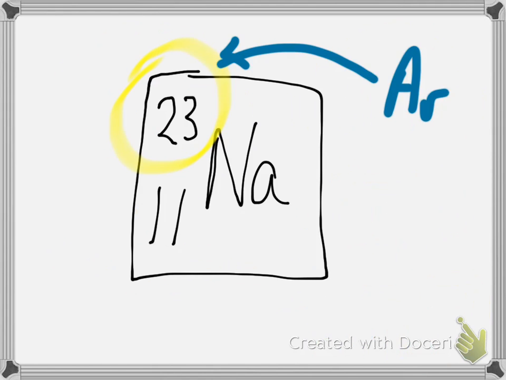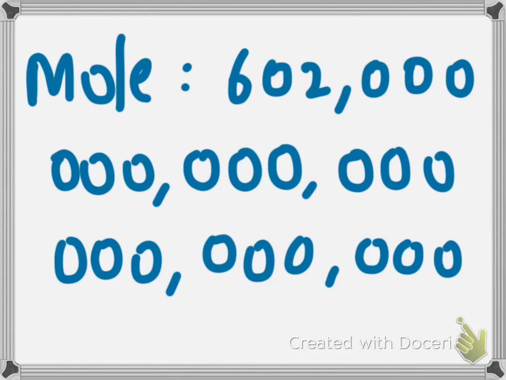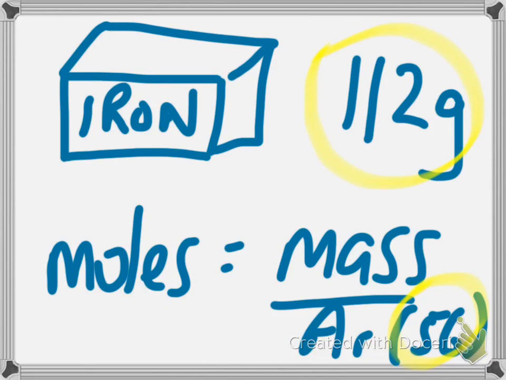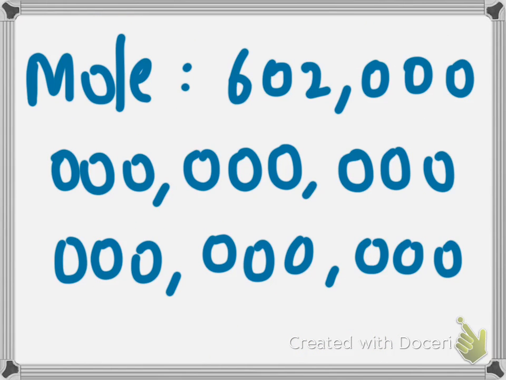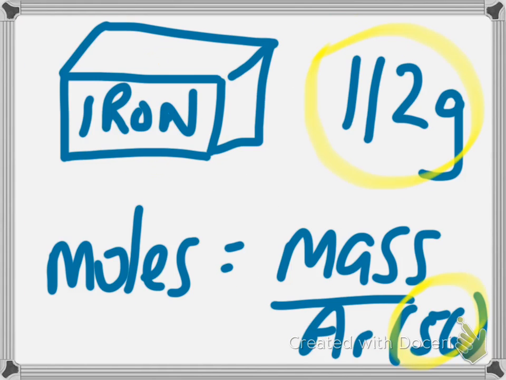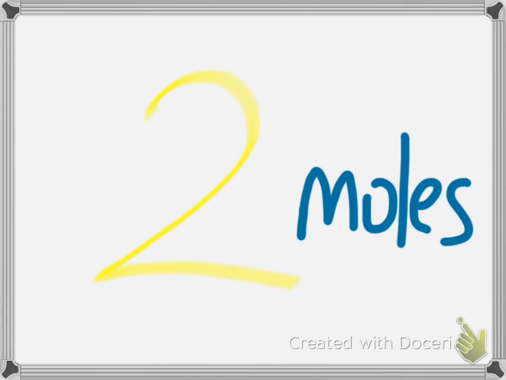What does a mole mean? A mole is that number. And if we've got 2 of them, that means the number of atoms is 2 of that lot. Because this is a complicated, large number, we don't deal with actual numbers. We deal with pretty simple numbers, such as number of moles.